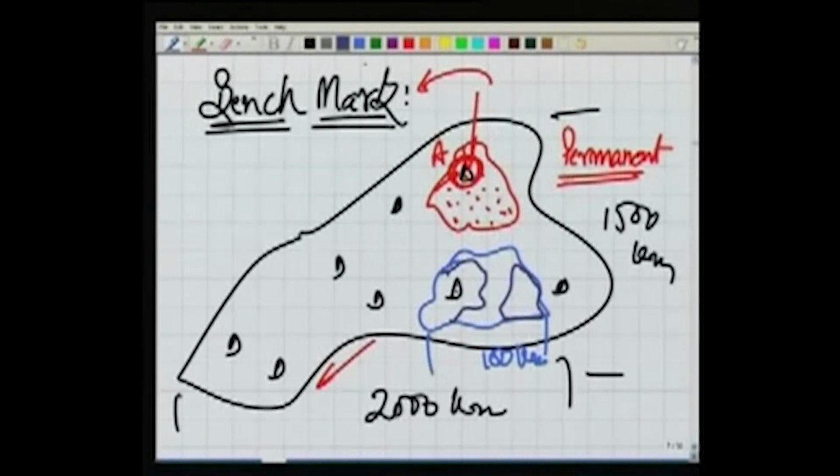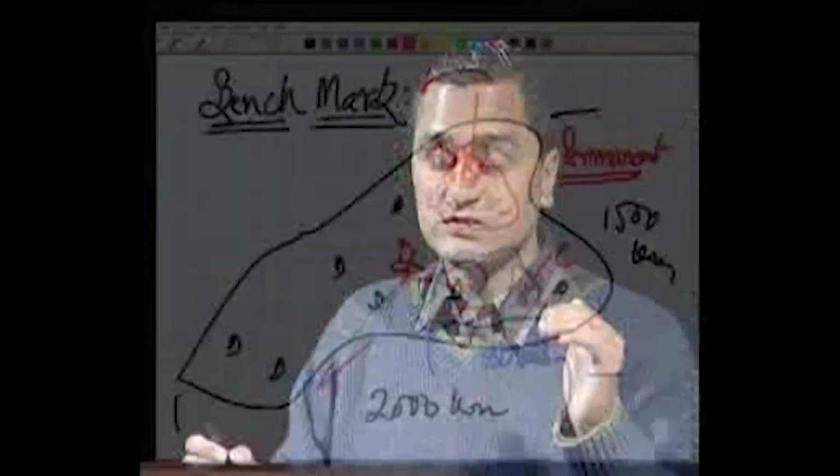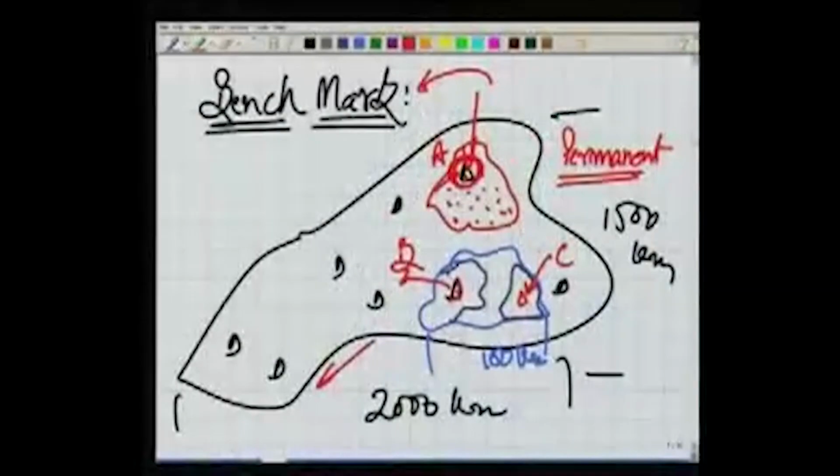So I would like to establish one more benchmark, C, with the help of the benchmark at B. The benchmark at C is established first with the help of B, and later the survey in this area can be carried out using the benchmark at C. This kind of benchmark, established just for some temporary period, we call a temporary benchmark. It's not permanent.